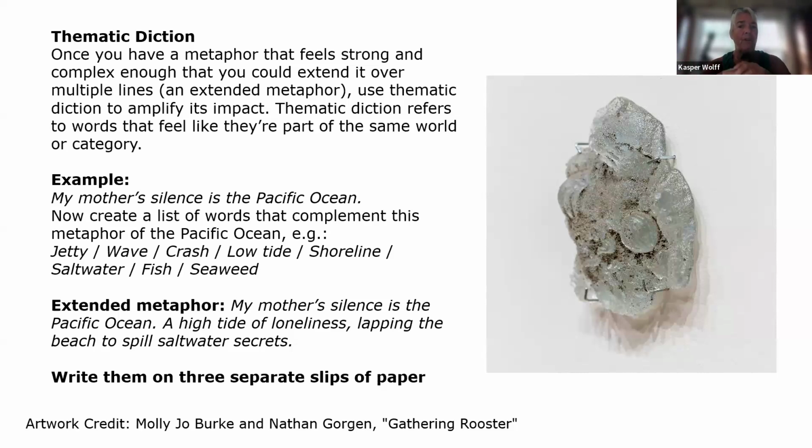Thematic diction refers to words that feel like they're part of the same world or category. For example, we're basing it on our initial one, which is a simple metaphor. My mother's silence is the Pacific Ocean. Now we create a list of words that complement this metaphor of the Pacific Ocean, such as jetty, wave, crash, tide, shoreline, saltwater, fish, seaweed, and so on. My mother's silence is the Pacific Ocean. Remember? Now, extend it.